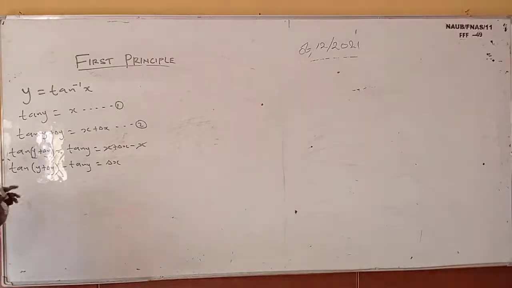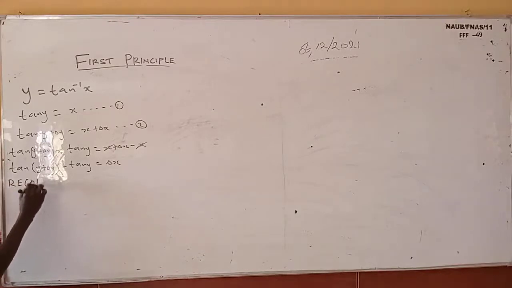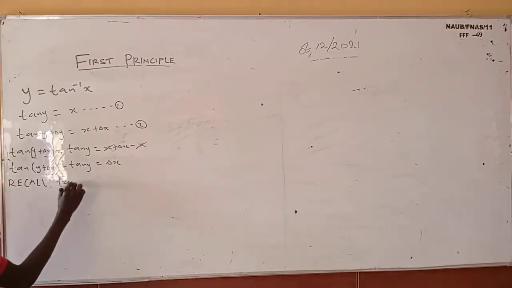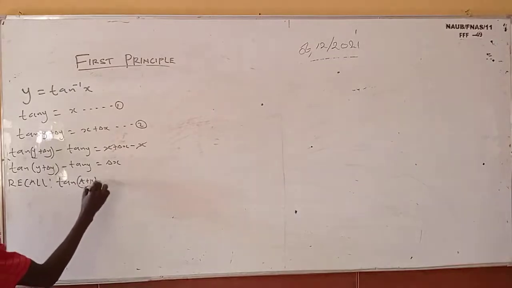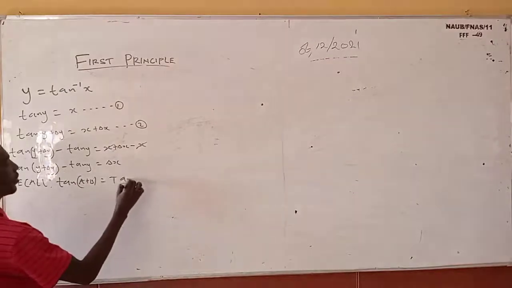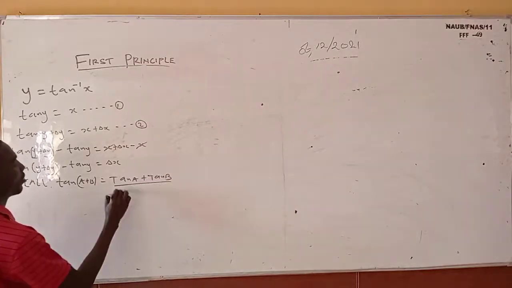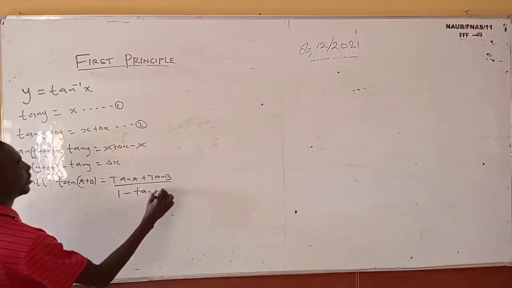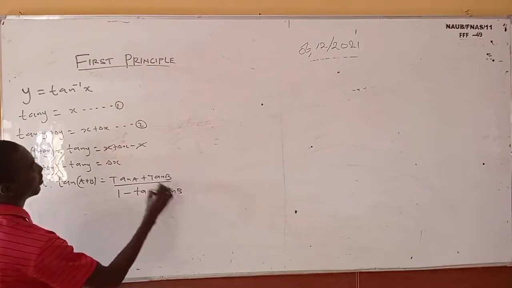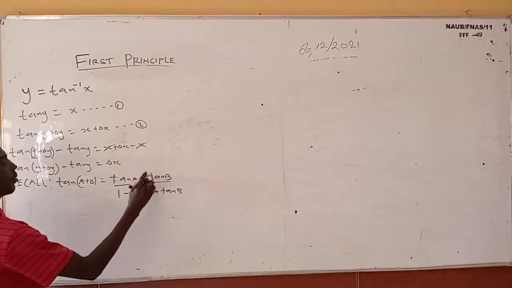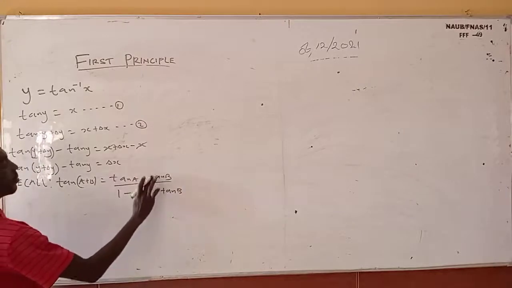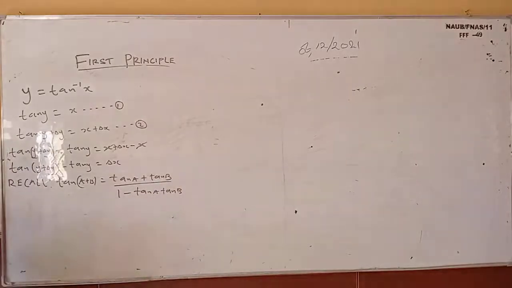But I know that from compound angle, I have tan of A plus B. You have to recall that tan of A plus B is equal to tan A plus tan B all over 1 minus tan A tan B. I hope you still remember this.